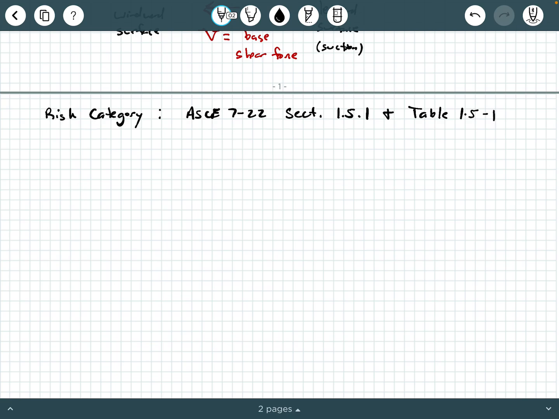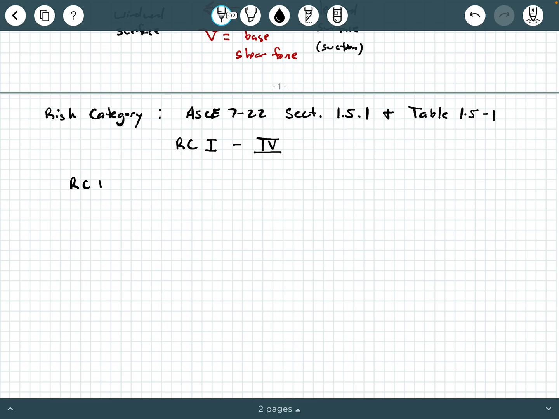So what is a risk category? Well, there are 4 of them, okay? We have, I'm going to abbreviate this RC. We have risk category 1 through 4, okay? So basically, depending on how critical your facility is to human life, you're going to categorize your building as either risk category 1, 2, 3, or 4.